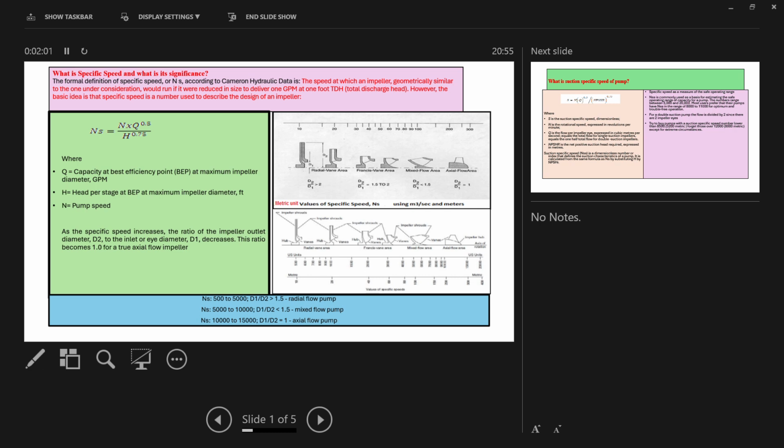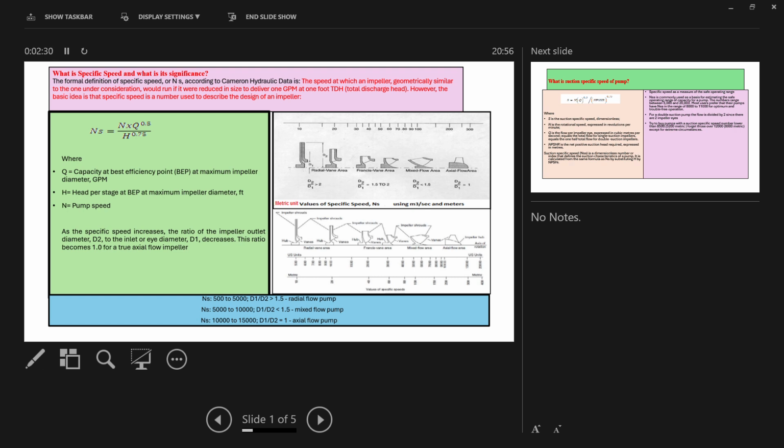If D2 by D1 is greater than 2, then it will be totally radial. Similarly, D2 by D1 equal to 1.5 to 2 is also radial, but smaller in size. Then when D2 by D1 is less than 1.5, it is mixed flow, and when D2 by D1 is equal to 1, it is axial flow.